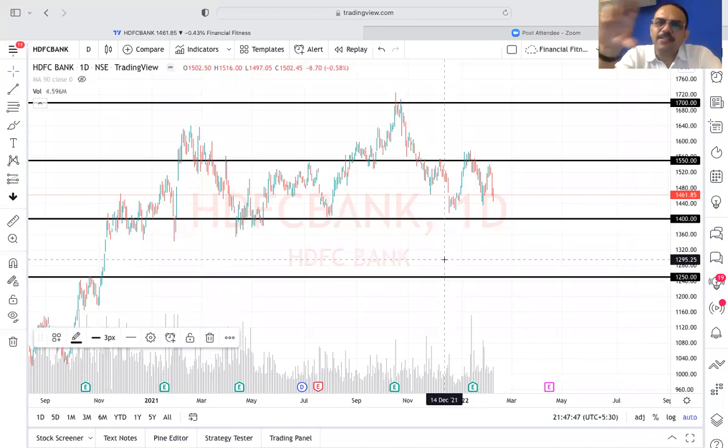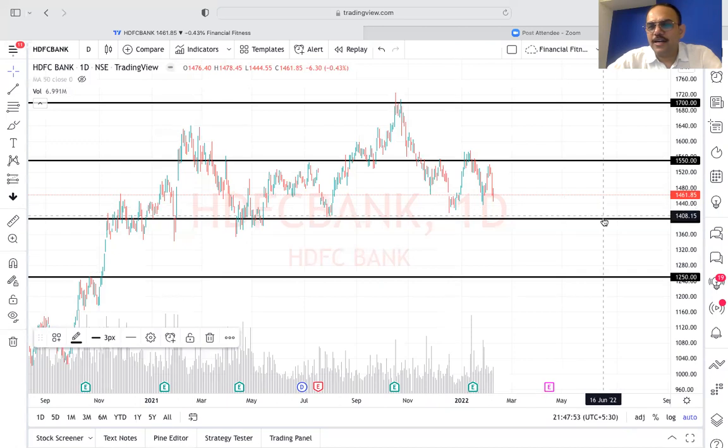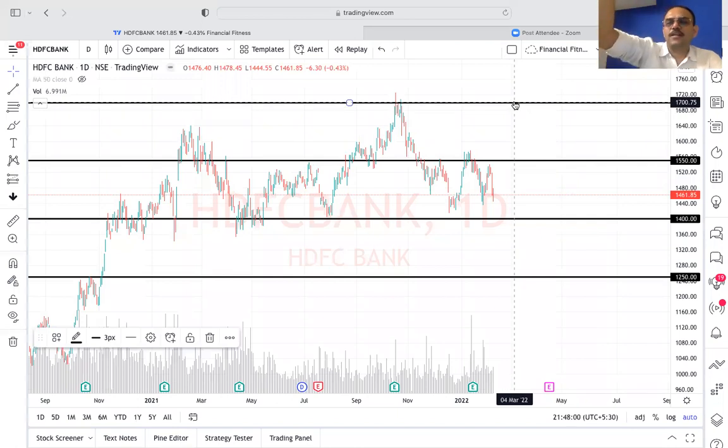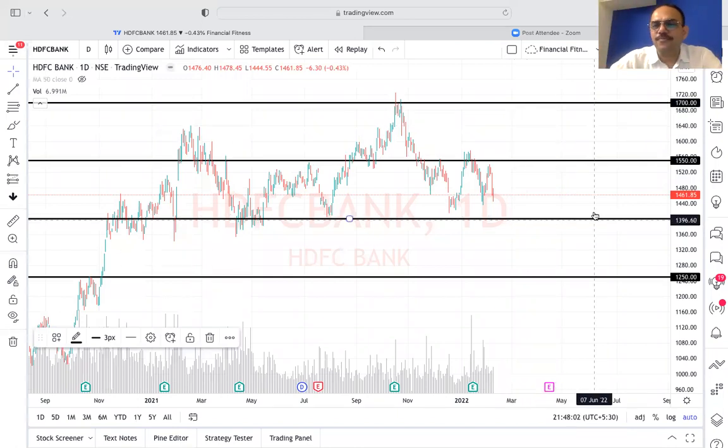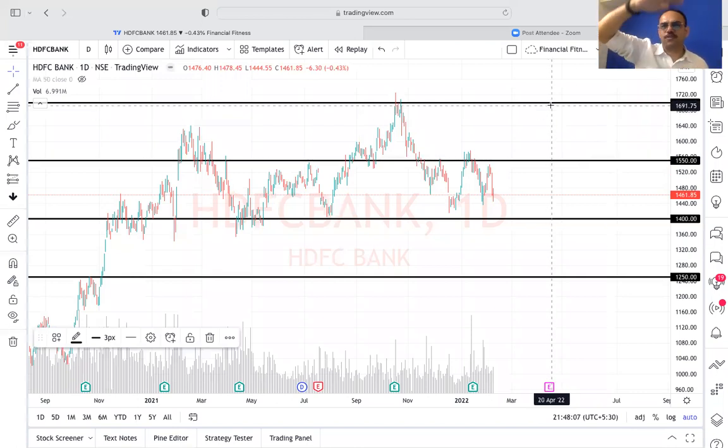Yeah, sort of. It goes with arithmetic progression. The gap between two support and resistance levels should be roughly 10%. See, 1400 plus 10% is 150, so 150 is the gap between support and resistance. This is 10% of 1400. Here you can go with 10% for each, so you can say it's a range of 10 to 15%.